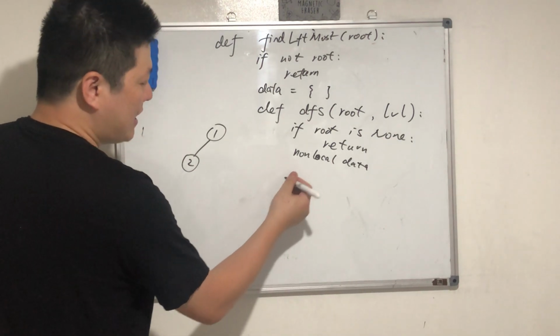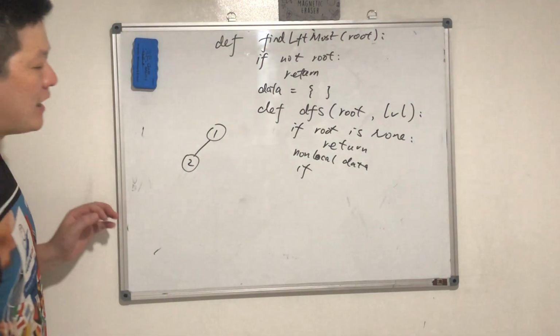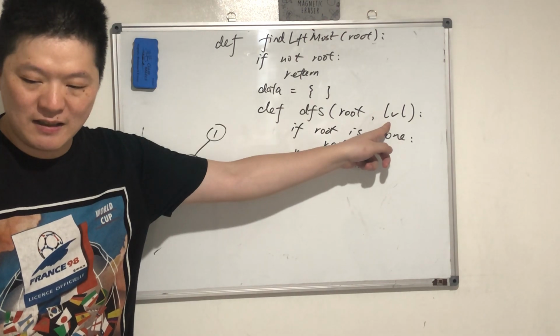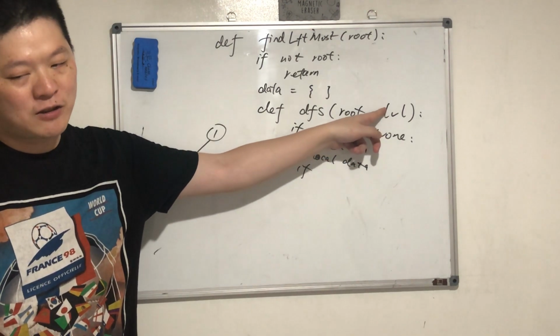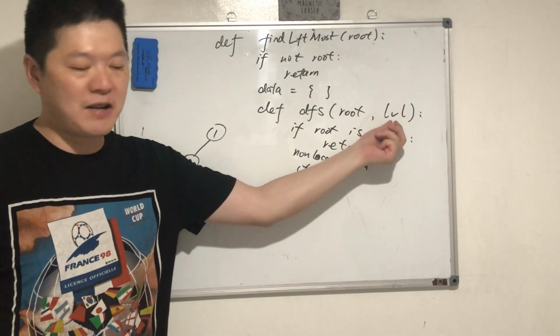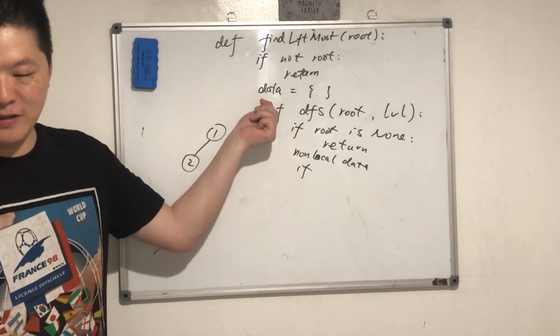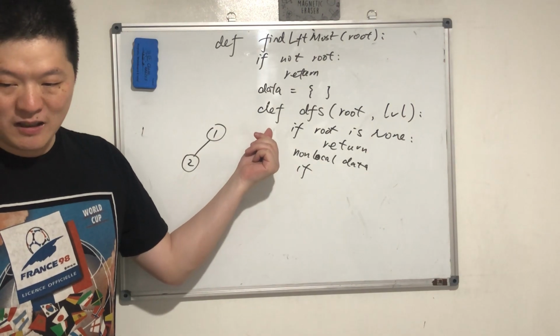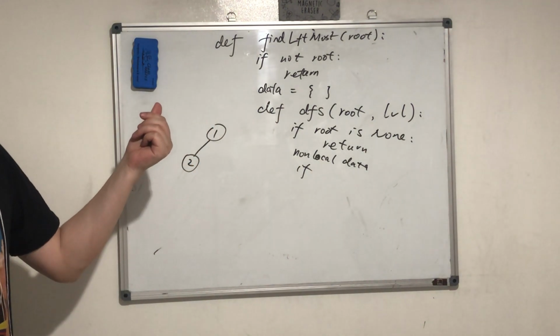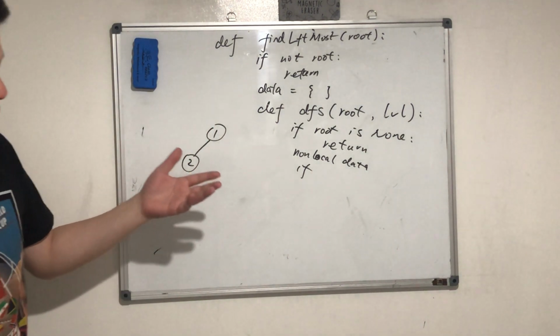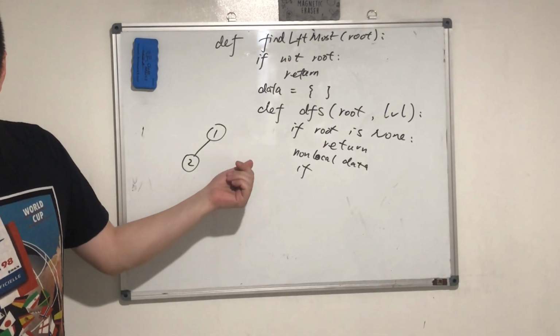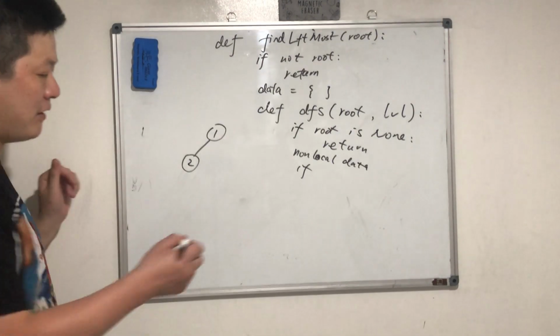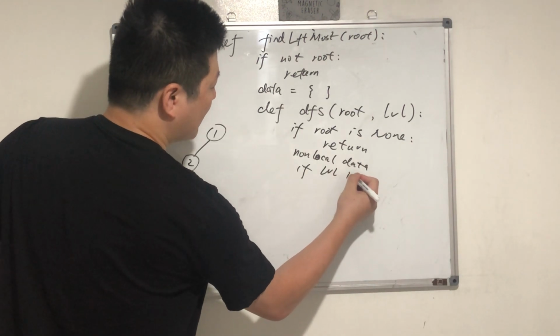And then I need to check this level. Eric, what do I need to check? I know this is level, and I want to check if the level is in which one? If the level has been visited, right? So what should I do here?